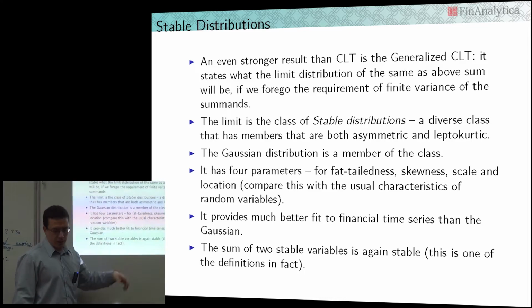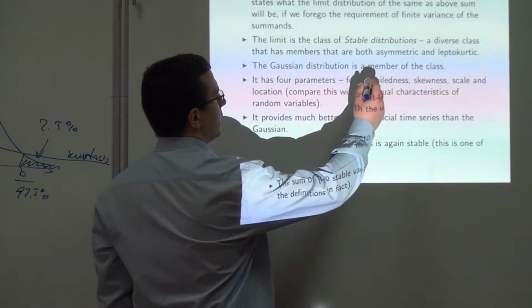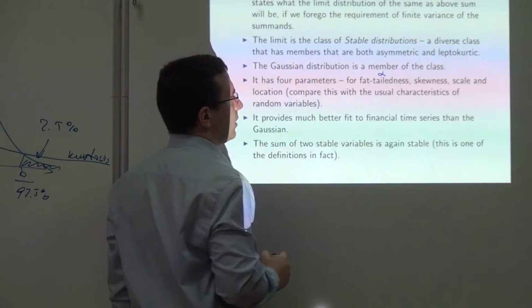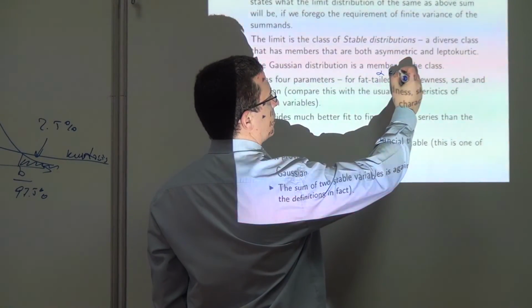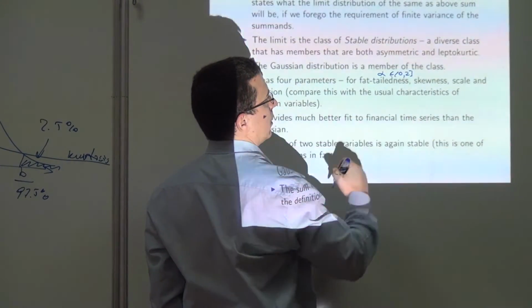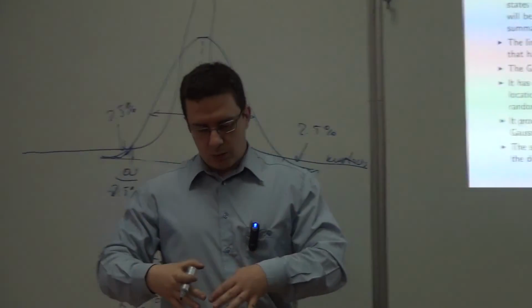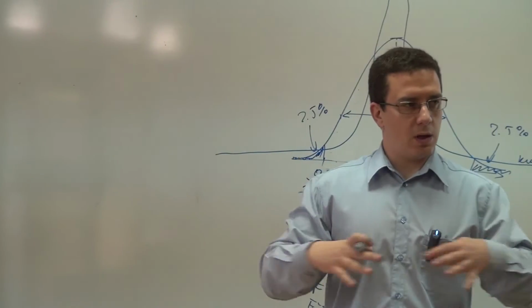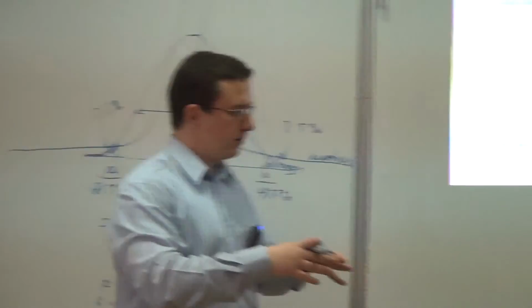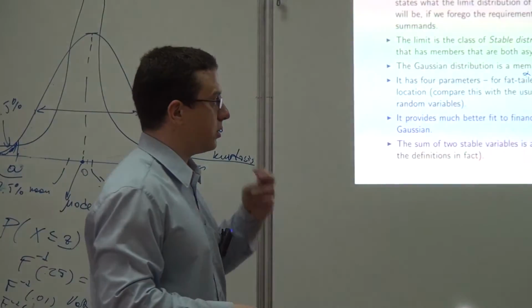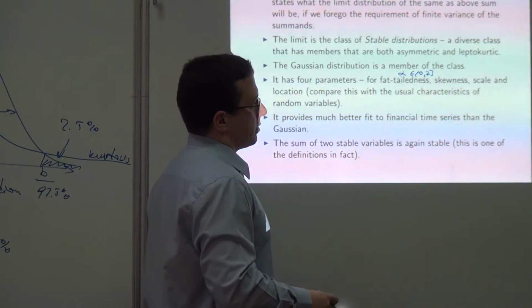Usually we have alpha for fat-tailedness, and it goes from 1 to 2, like this. It controls how fat the tails are. So alpha equal to 2, we actually have Gaussian tails, and the distribution is Gaussian, but anything less than 2, we have fatter tails than Gaussian.